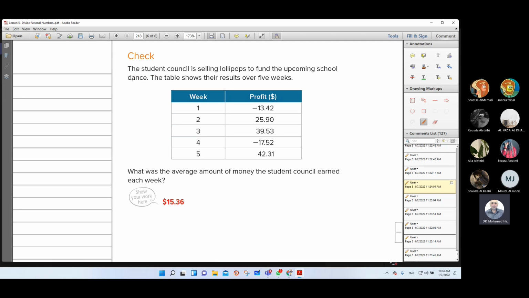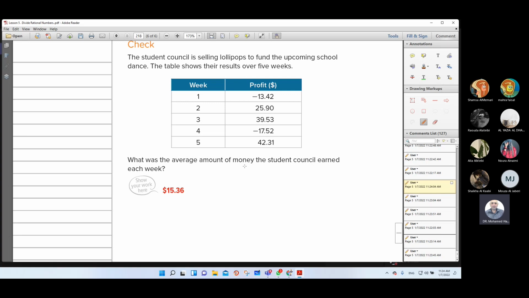The student council is selling lollipops to fund the upcoming school dance. The table shows their results over 5 weeks. What was the average amount of money the student council earned each week? So also here we want to find the average.